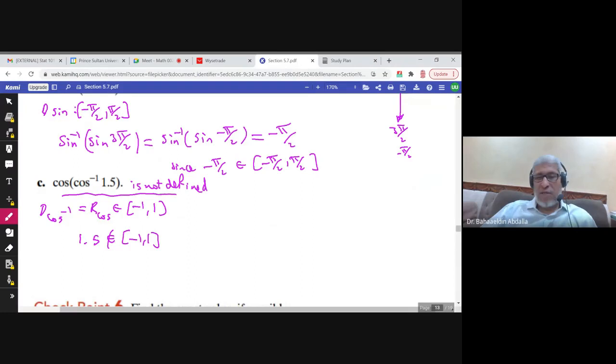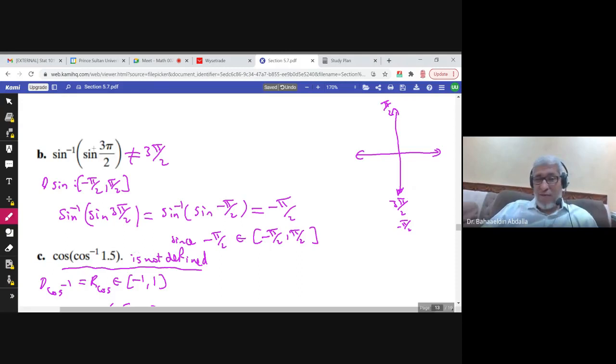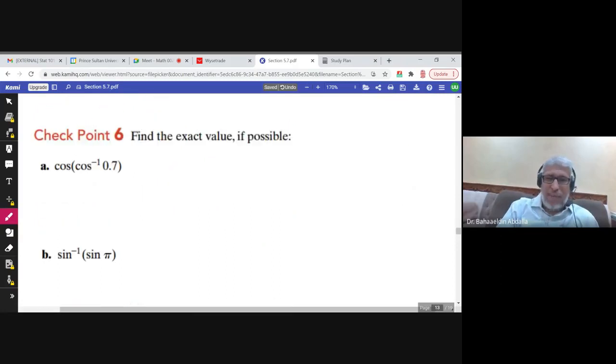If you use the calculator it will say math error. I cannot find cosine inverse of 1.5 because the number here has to be from -1 to 1. But if you have sine inverse sine, then you can replace sine 3π/2 by sine of another angle, because sine is not 1 to 1 in general.